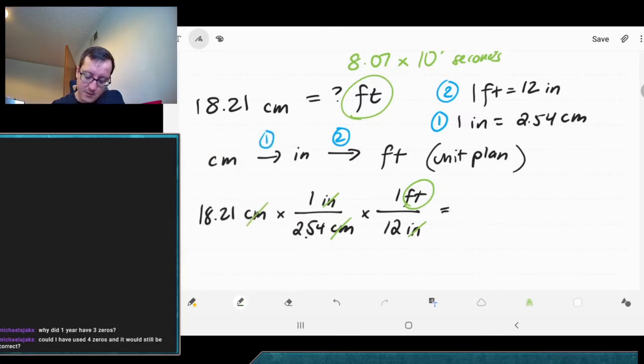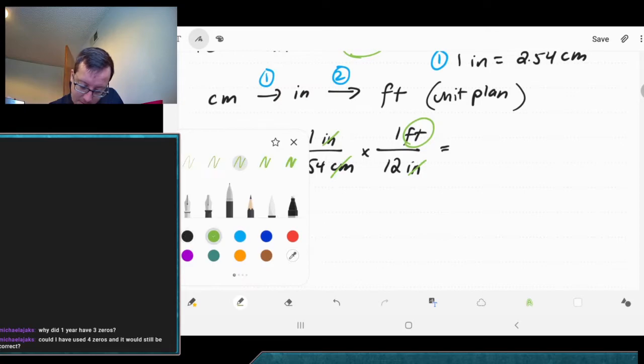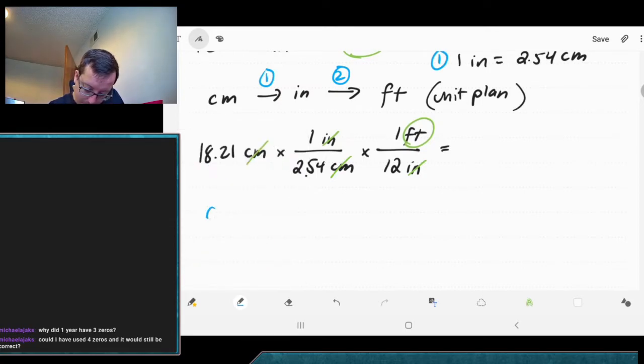All right, so if we do the math, we're doing 18.21 divided by 2.54 divided by 12. Just so you know, on your calculator, you're going to have to put in the divided sign twice. So just so you're completely familiar with your calculator, how you would enter this, you'd say 18.21 divided by 2.54 divided by 12.